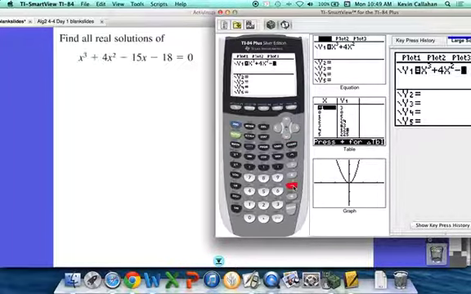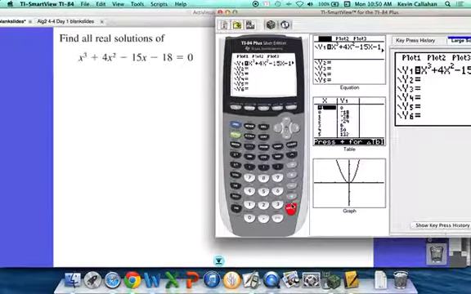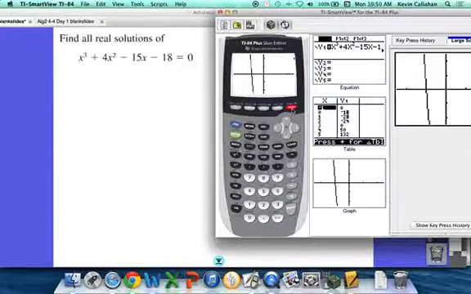Okay, minus 15x. Minus 18. You know, we really count on a rational zero showing up on the graph, because otherwise, how are we going to reduce it from a 3rd degree to a 2nd degree?